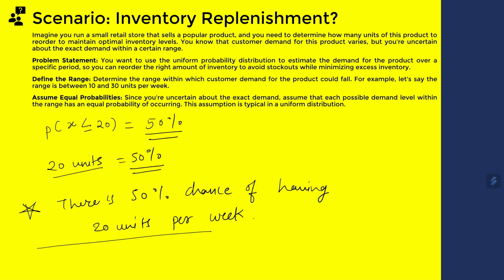Alright, okay, so I hope you have understood this concept. For your better understanding, I have explained this concept with the help of the area of a rectangle, and it is very easy to understand the uniform probability distribution with the help of the area of a rectangle.